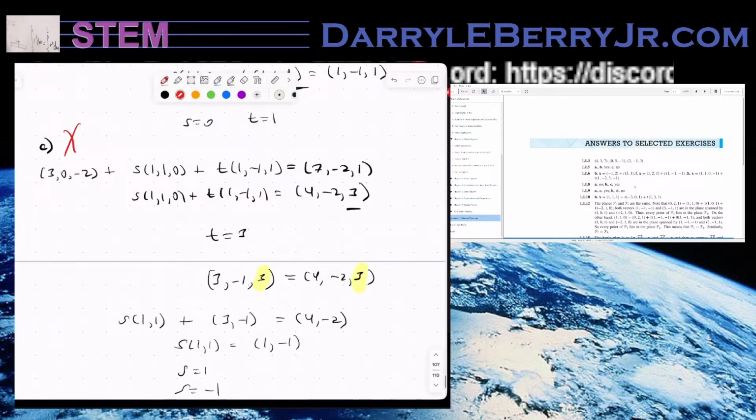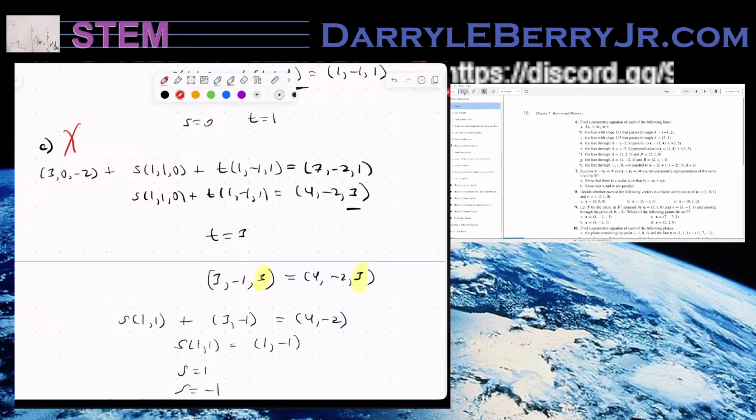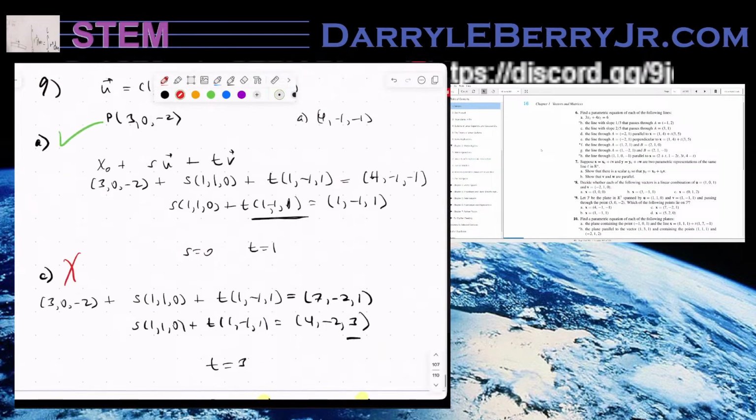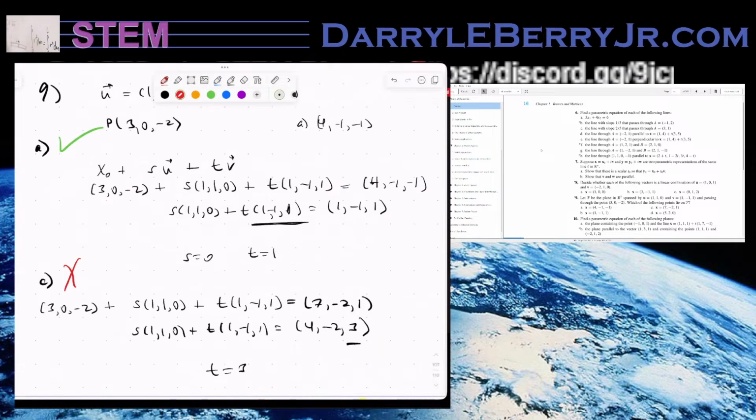So let's see what I did. All right, so we have for C, 7, negative 2, 1. That's what it has to equal.